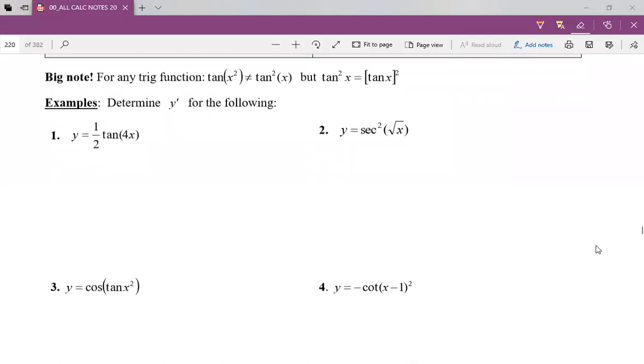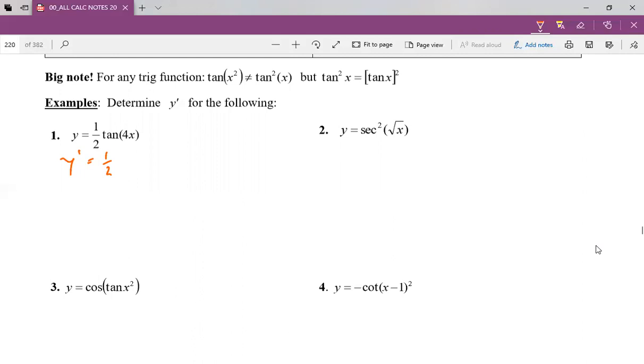So, determining y prime for the following function, if we have 1/2 tan 4x, of course we're going to have to use chain rule with this. So chain rule: derivative of the outside function, inside stays the same. The outside function is going to be 1/2.